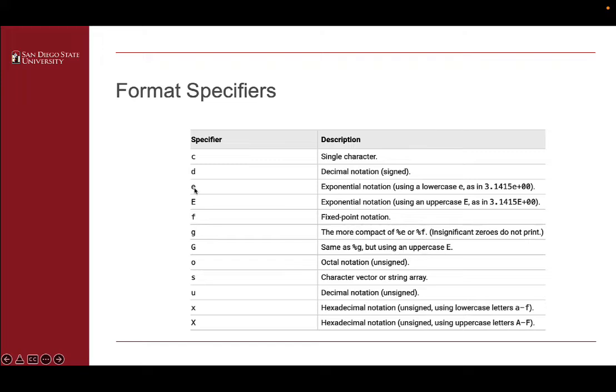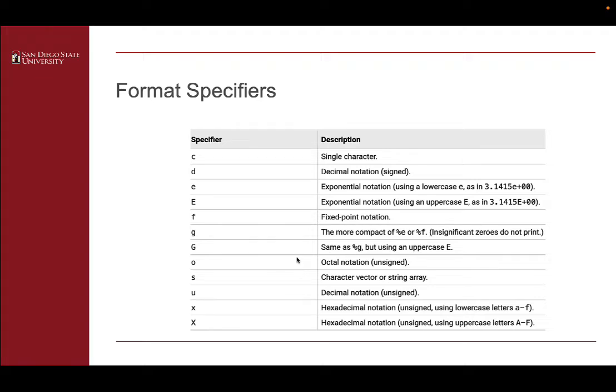And if you see e, I will print exponential notation of a number. If I use a bigger E, then I will print an exponential notation of a number, but this time it will use uppercase E. If I use f, that means I will print a floating number or fixed point notation.